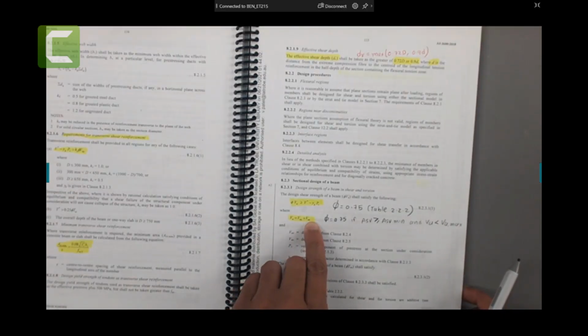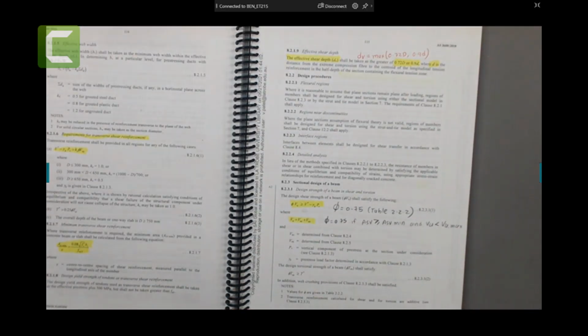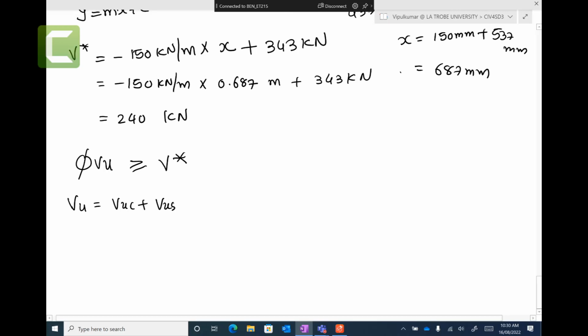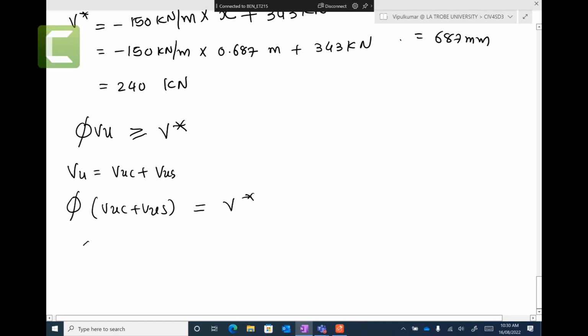In these equations, I just generally put this VUC plus VUS for math purposes. The capacity factor is 0.75.